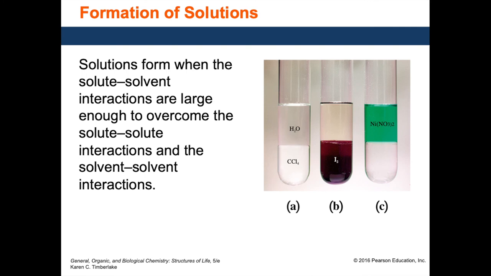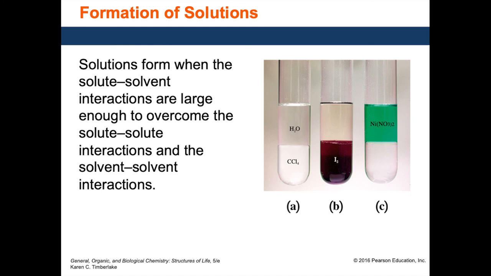Now look at test tube C. Here we've taken nickel(II) nitrate, which is an ionic compound. And you'll notice that this bright green salt dissolves only in the water layer. It does not go into the carbon tetrachloride layer. Okay. Now, the reason for this is, again, you could consider an ionic compound to be very, very, very polar, right?